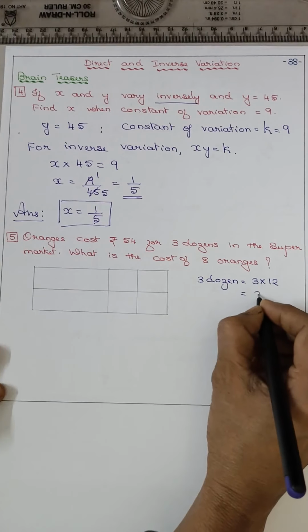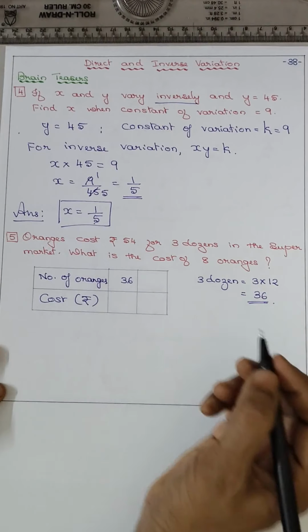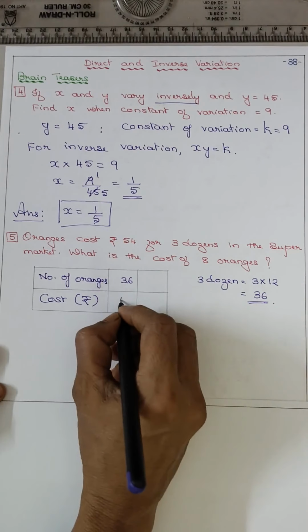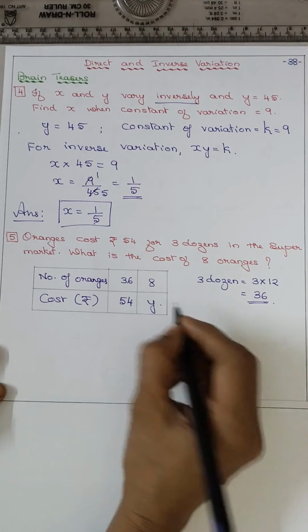Remember, 12 3s are 36. So, convert dozens into the numbers and then you can find out. Otherwise, you can't. So, first it is a number of oranges. Then it is a cost in rupees. 3 dozens means 36 oranges cost 54 rupees. So, what is the cost of 8 oranges?